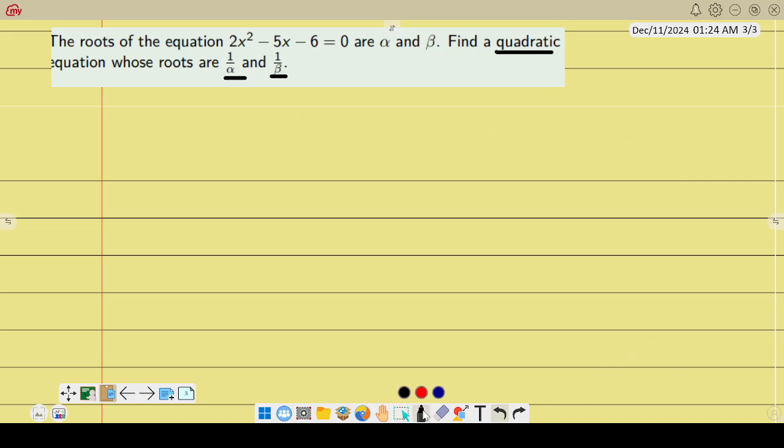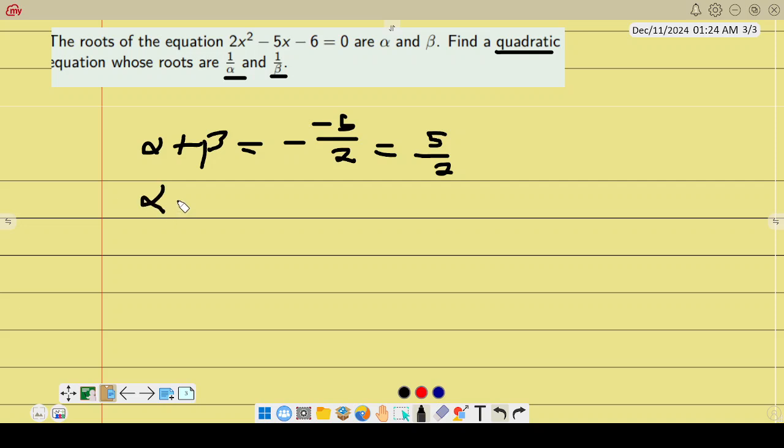At this point, we first find the sum and product of this quadratic. The sum, alpha plus beta, is negative b over a, so negative negative 5 over 2, which is 5 over 2 because the negatives cancel.